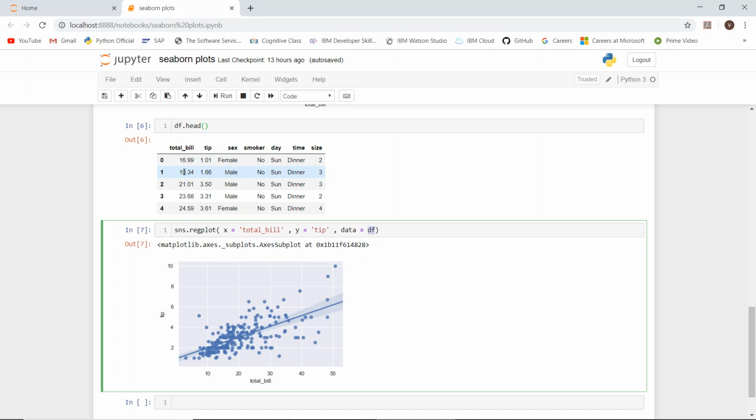For male, how many total bills and tips were given, and for female, how many bills were given and how many corresponding tips were given, separately. In that case, if we give an argument called hue, of the column under consideration, we are considering sex, then let us see what will happen.